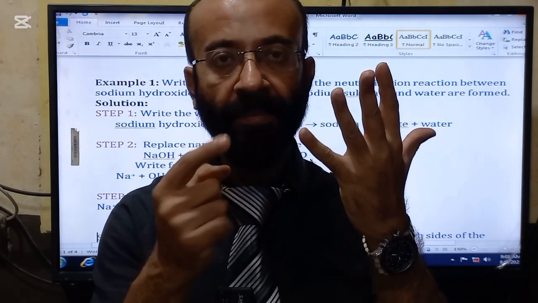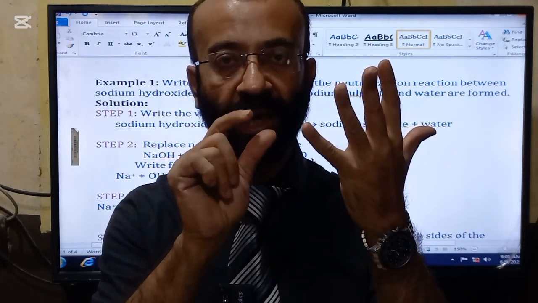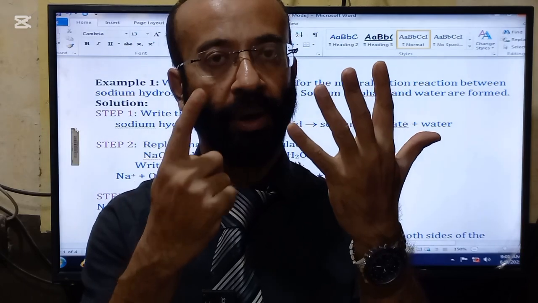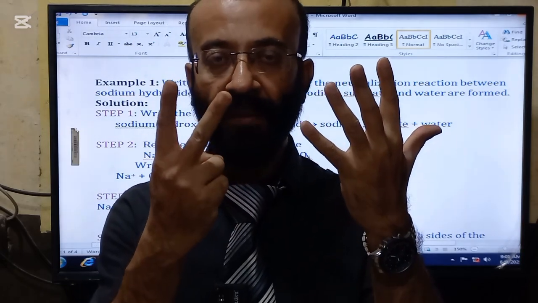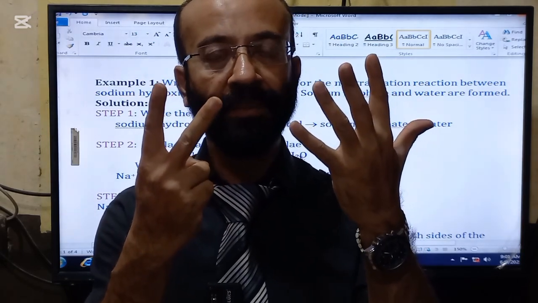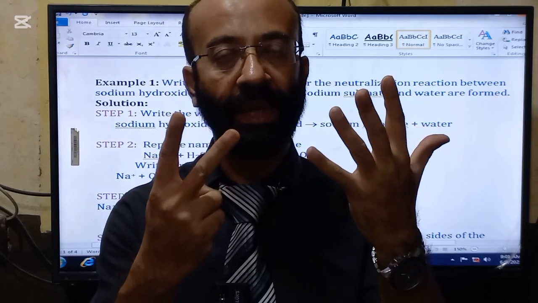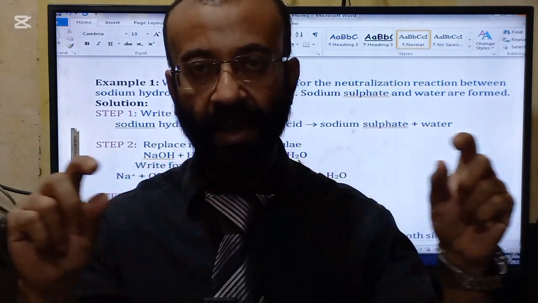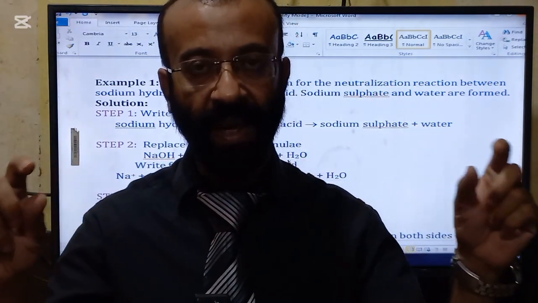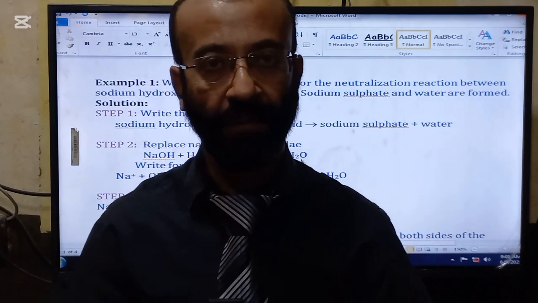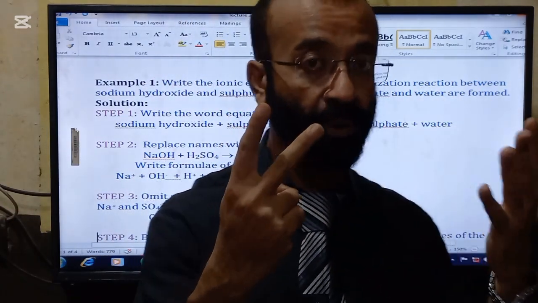Sixth step will be balance the number of the charges on both sides of the equation. And final 7th step will be write the physical state of the reactants and products in the chemical equation. So this is a 7-step procedure.